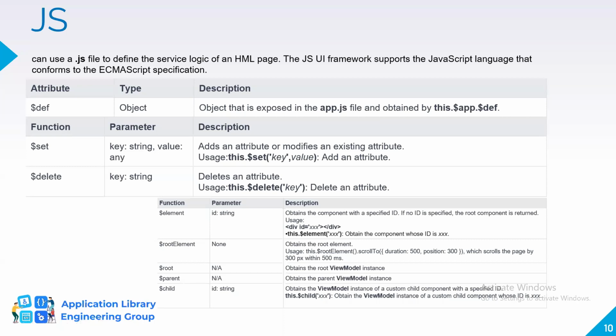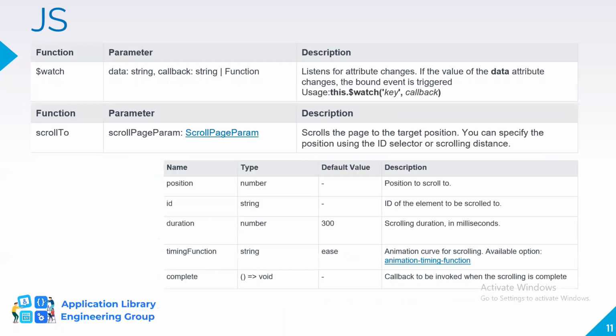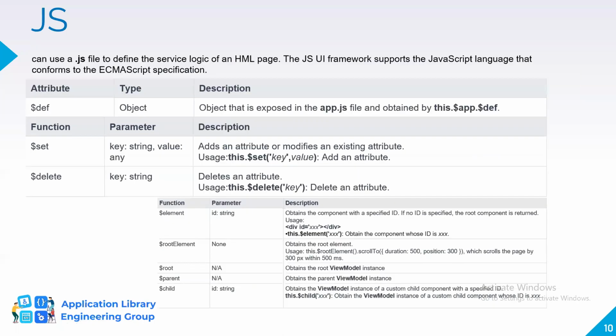files. There are some public functions which are also provided, like the ones which are listed here. The first one is $element. This obtains the component with a specific ID.